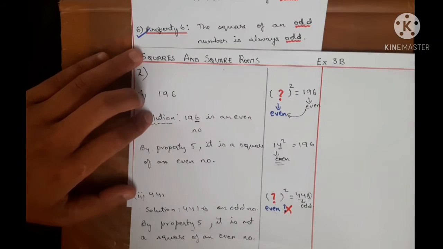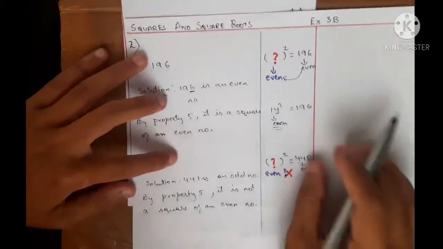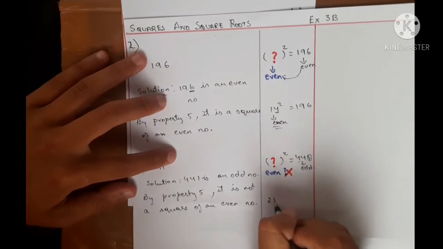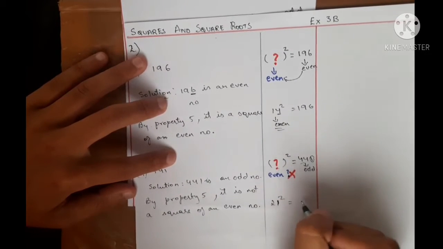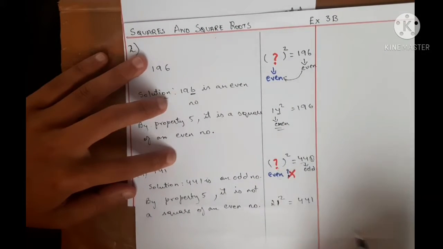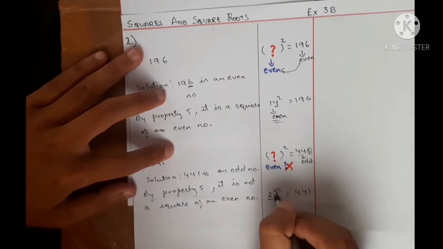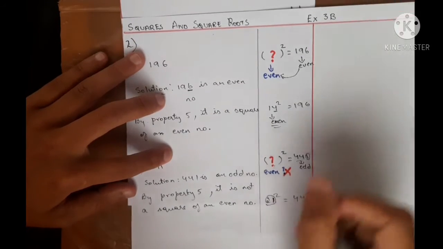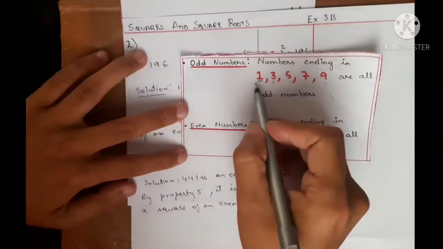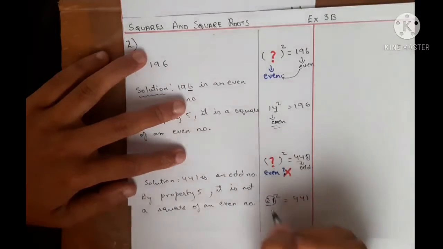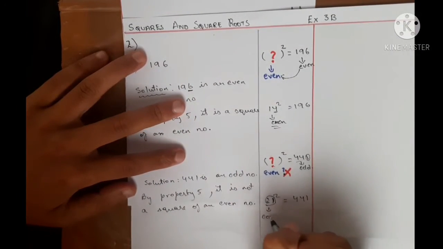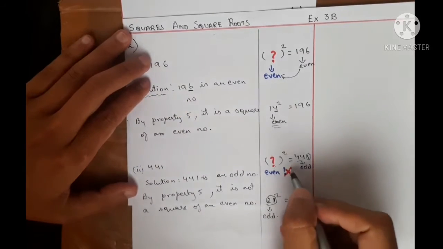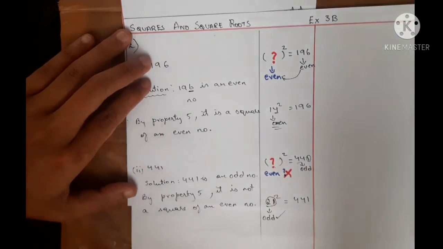What is the number such that when you square it you get 441? It is 21. 21 square gives 441, and 21 is not even. It ends in 1, and 1 is an odd number, so 21 is also an odd number. That is why it is not even; it is an odd number.